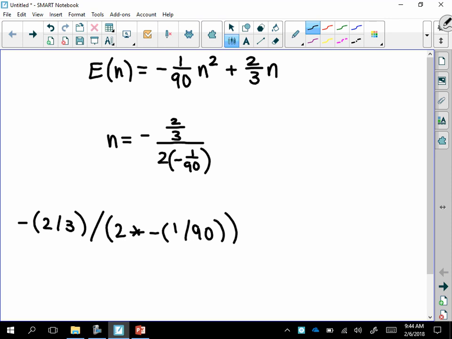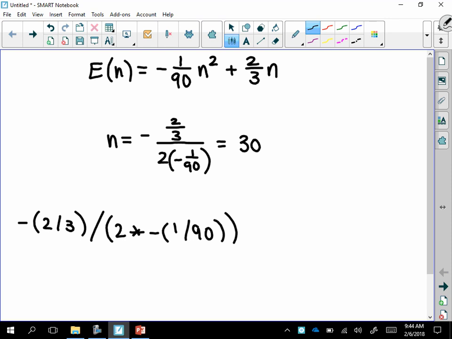Once you type all that in, you'll get a value for n. What is that value? Say it. 30. So based on the results of this advertising agency's experiments, when you've seen a commercial 30 times, that's when it's reached its maximum effectiveness.